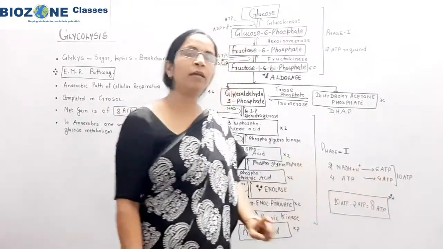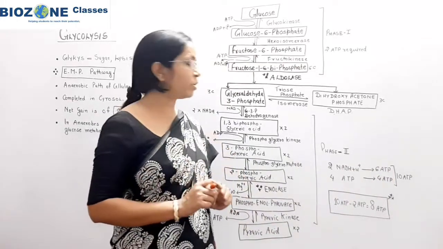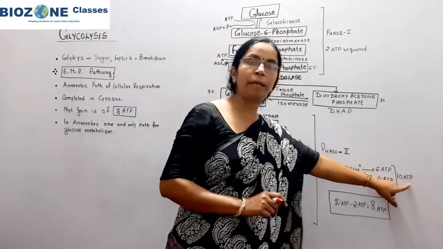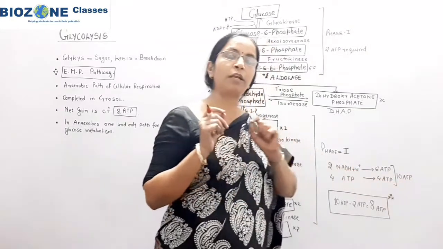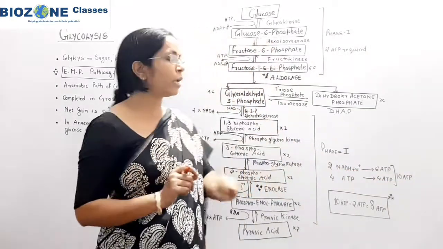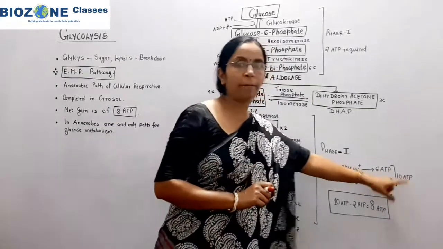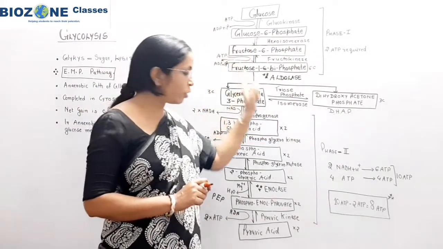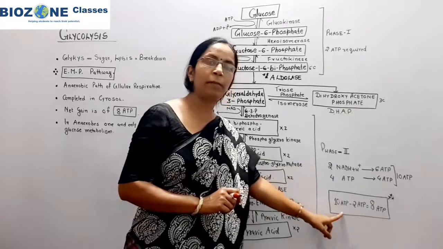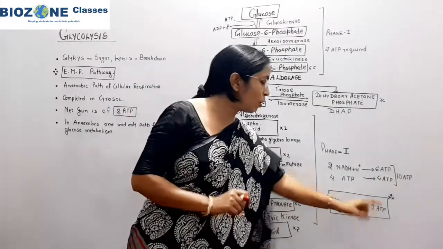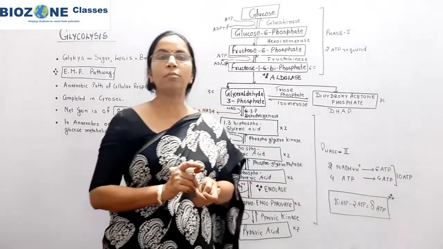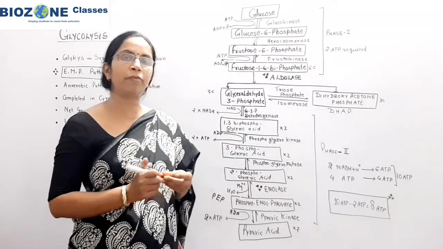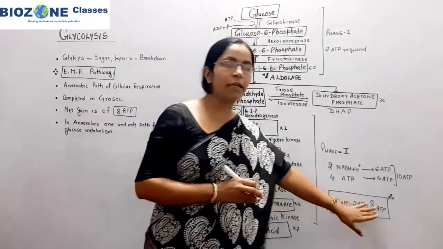So in the second phase of glycolysis, a total of 10 ATP are generated, but when we study the net gain, out of these 10 ATP, 2 ATP are utilized in phase 1, so remember the total ATP formed. The net gain of ATP in terms of energy currency for glycolysis is 8 ATP.